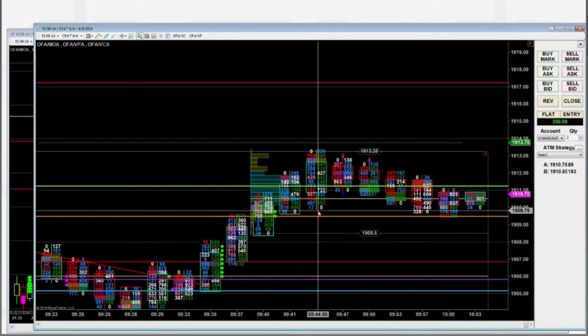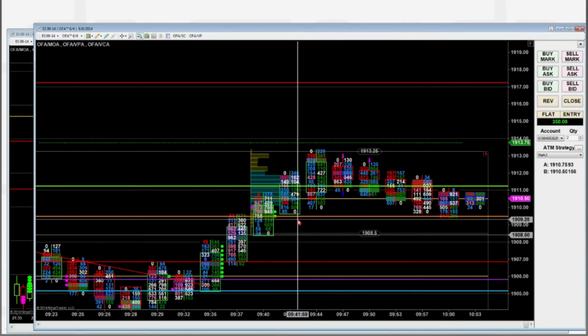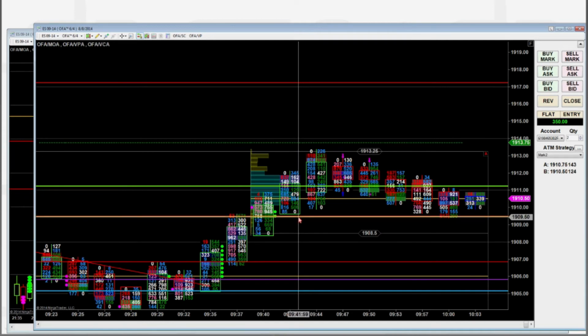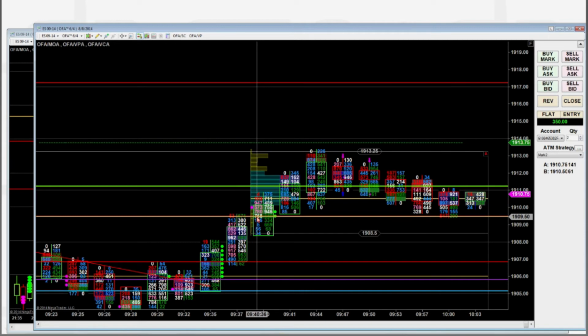So I'm looking at the profile, and I can see very, very slight interest below the opening swing high, right there at 1909.50.